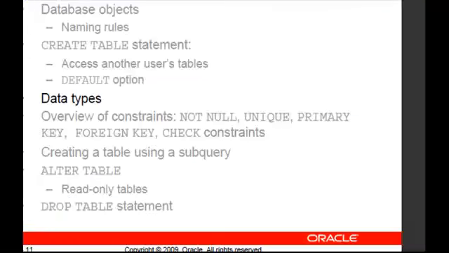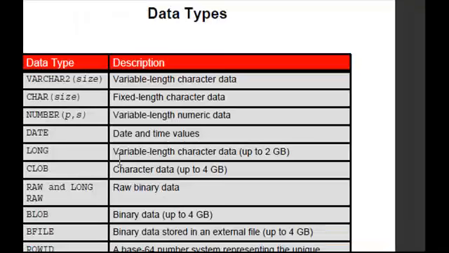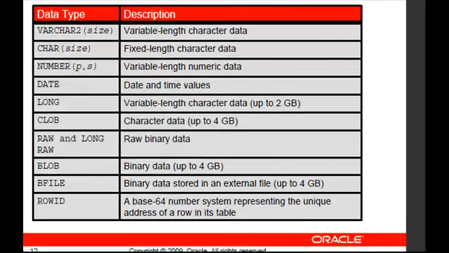Well, we are talking about the data type. What is a data type? We have this many data types in the Oracle database, and they go from VARCHAR2 to CHAR. I'm going to talk about a couple of those and let you read the rest from your book. VARCHAR2 is a variable length character data type, and it is resizable.